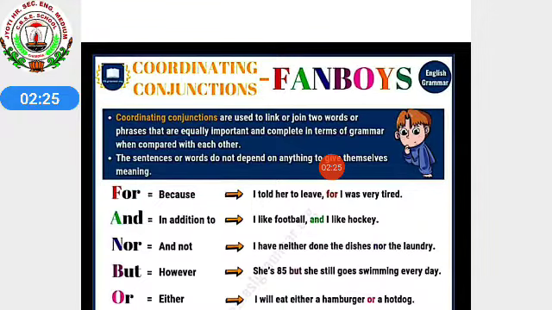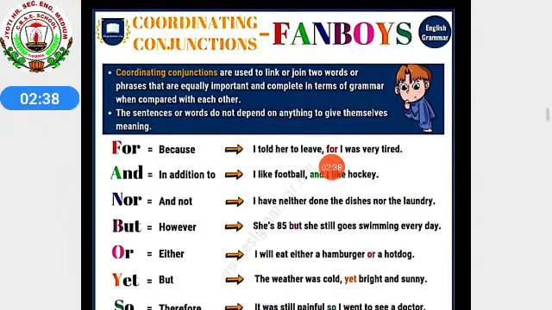And both the words or both the phrases are equally important and complete. They are equally important and complete also in terms of grammar when compared with each other. The sentences or words do not depend on anything to give themselves meaning. Both the sentences, or both the phrases or both the words, they are independent. They are not dependent on anything.